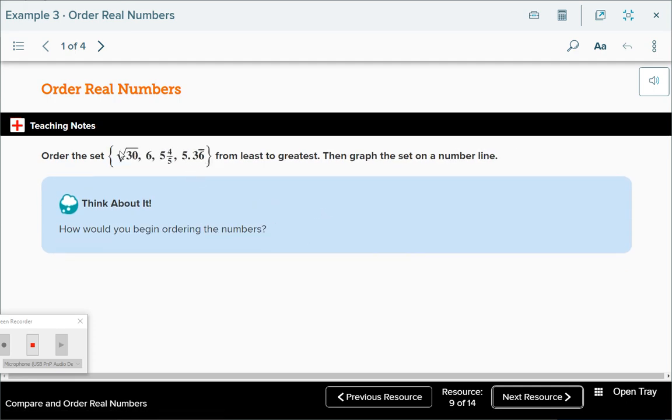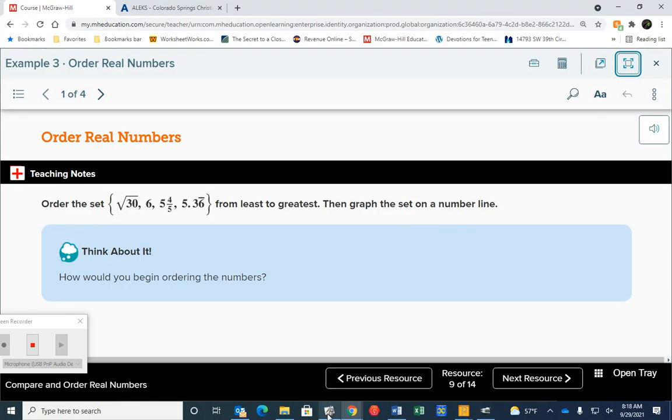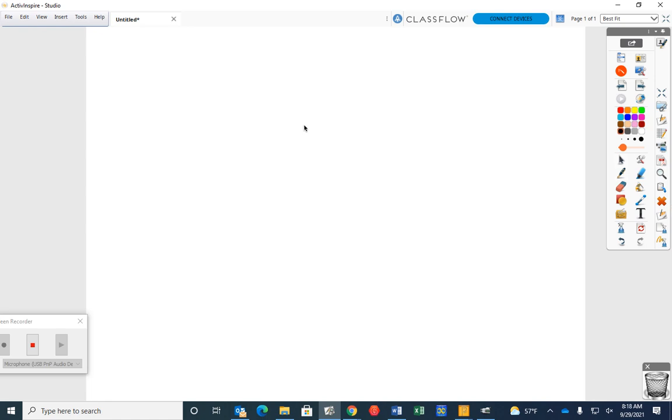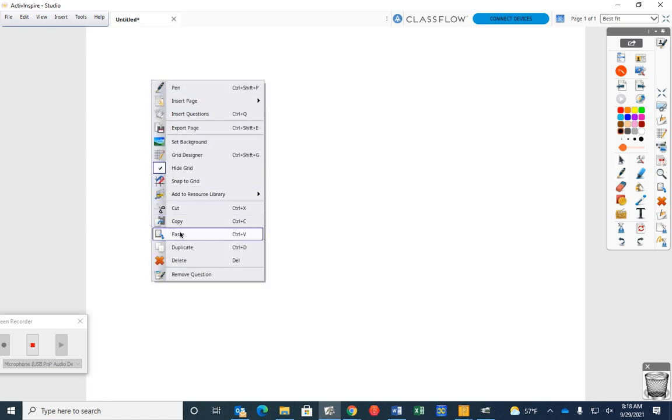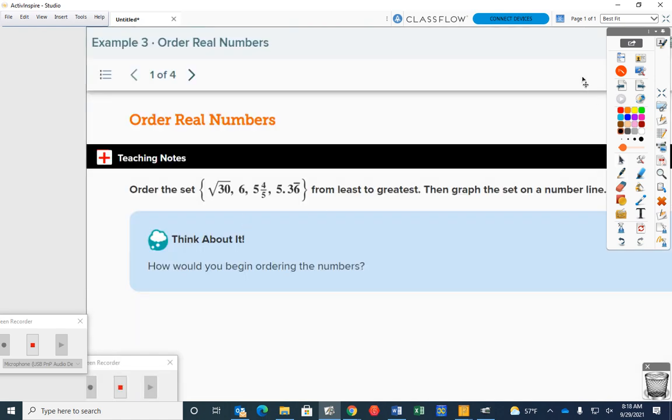Okay. See these 5 numbers. I'm going to put these in order from least to greatest. Let's try this a different way. Let's see if I can crop this.